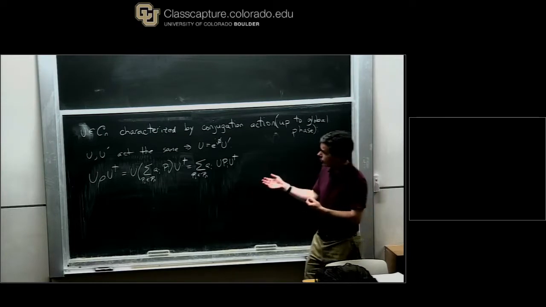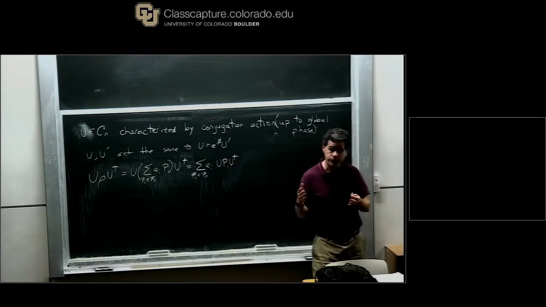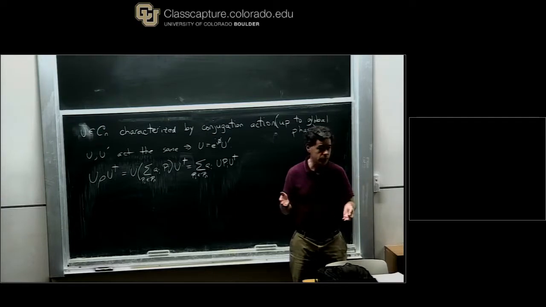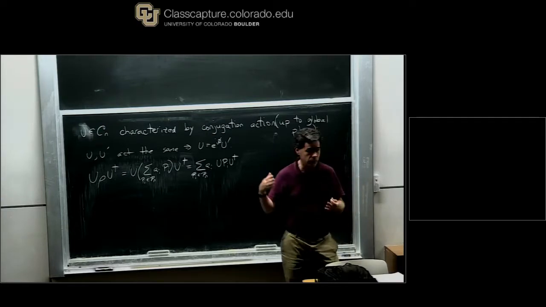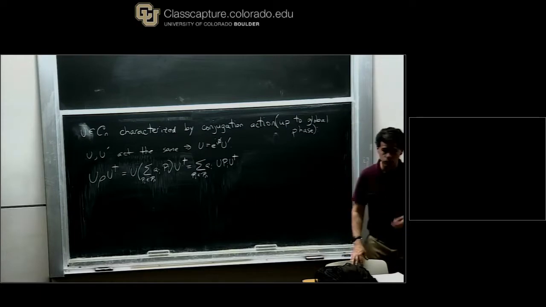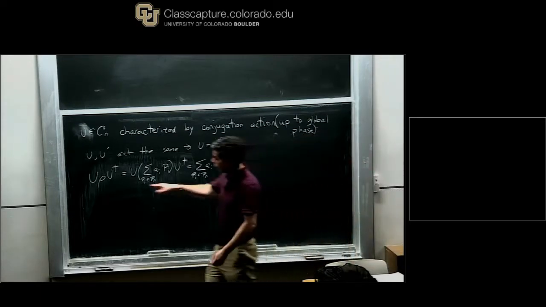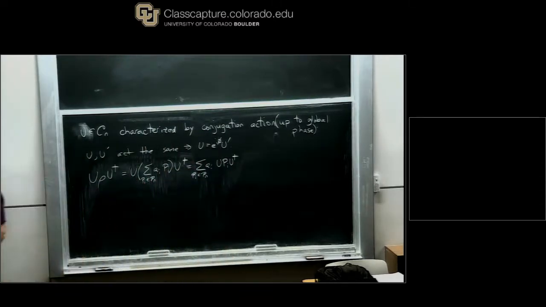You can go a bit further and actually figure out, if you really want to, what the description of u is in the usual 2 to the n by 2 to the n matrix form. Usually you don't want to do that because this description in terms of conjugation action can be specified by just specifying 2 times n images. Each one needs O of n bits because you have to have an n-qubit Pauli as the image.